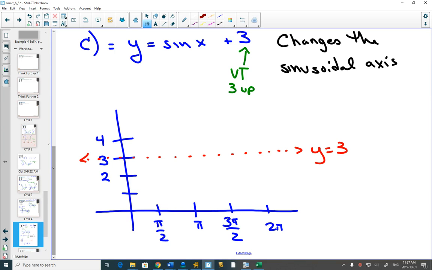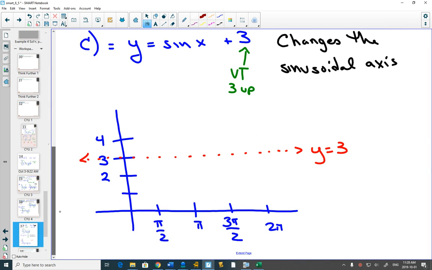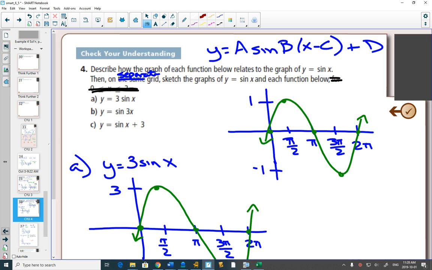And then this language that I've been using all along becomes important. Where does a sine graph start? Okay, I'm going to scroll back. Here's our sine graph, right? Sometimes when you ask someone, where does a sine graph start, they say 0. True, but for all of our sine graphs, we're going to start saying it starts on the middle, or on the sinusoidal axis, going up.